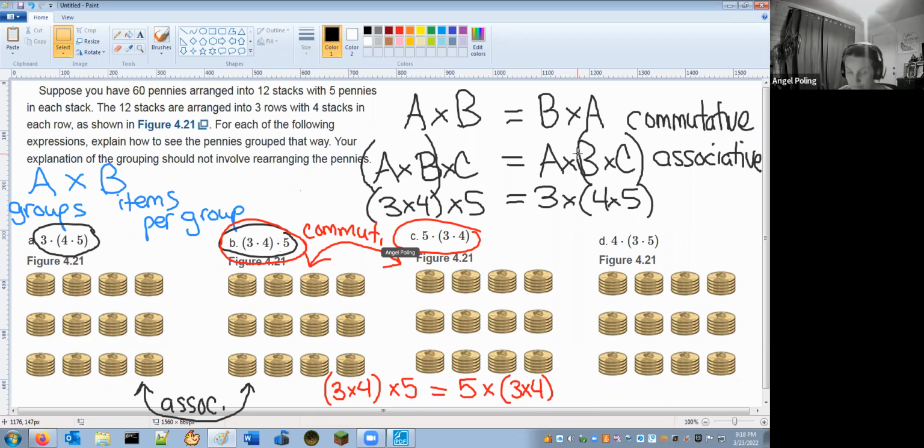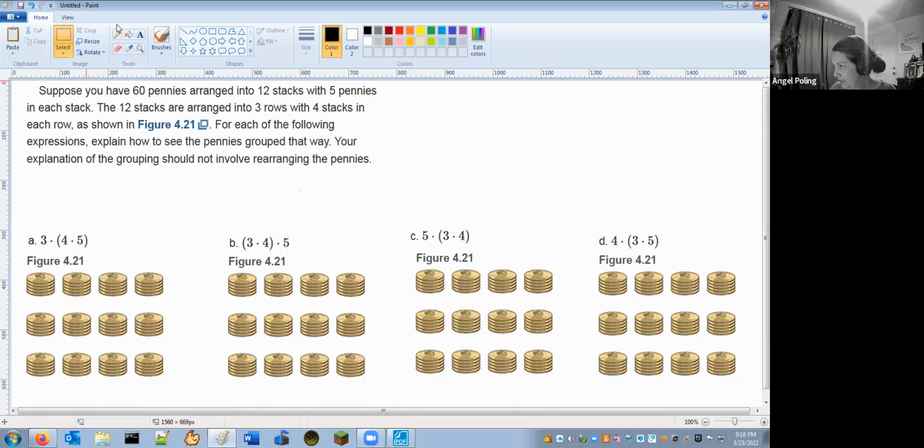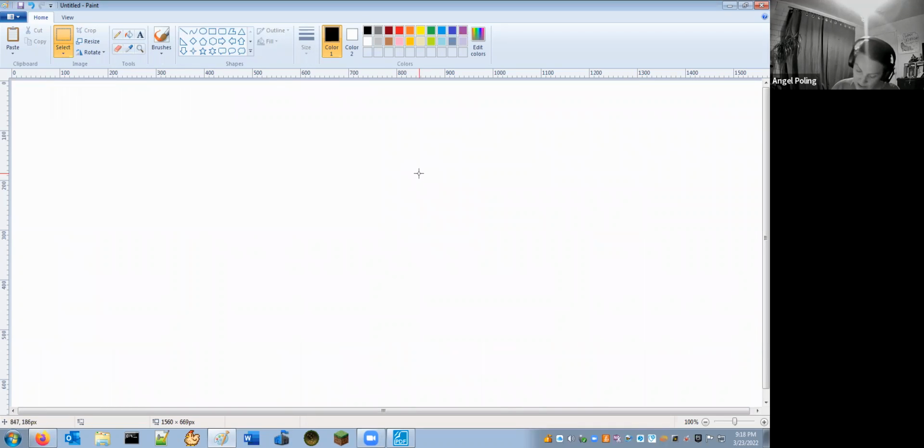So we have examples here of the commutative property. Usually a place we see it a lot of the time is with area, where we'll talk about length times width being the same as width times length, right?